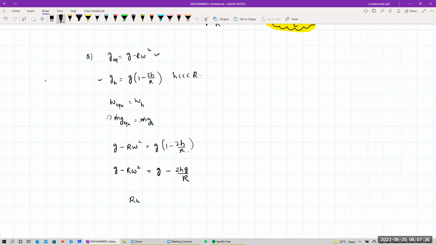R into omega square is equal to g into 2h divided by R. So h value will be equal to how much? R into R is R square omega square is equal to 2g into h. It is asking the value of h. So h value will be equal to R square omega square divided by 2g. So this will be the answer for this.